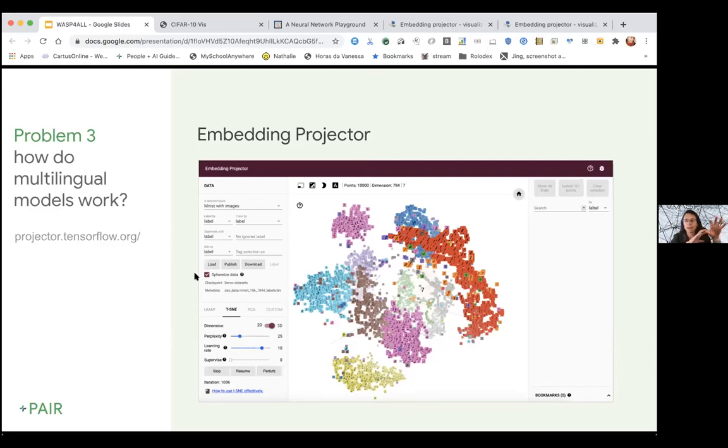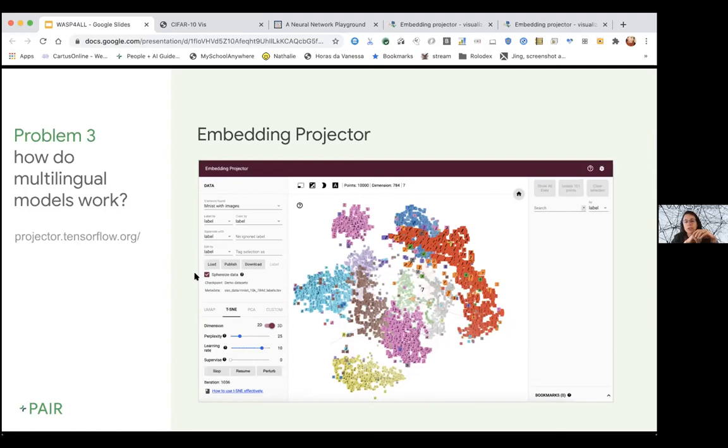We're going to get there. But before, I want to walk you through a series of visualizations that will eventually land us on multilingual models. And these are visualizations. You see here a screenshot of something called the embedding projector. This is again another open source project that we use both internally and, as I said, it's been externalized.